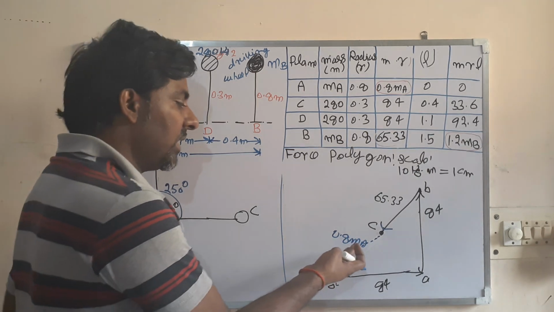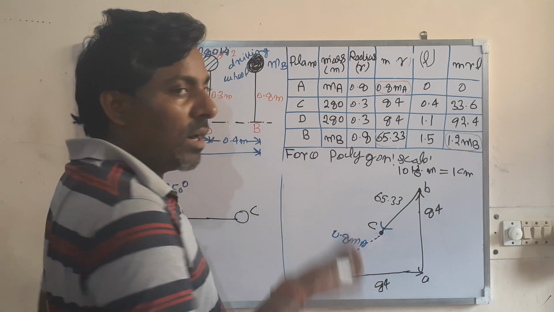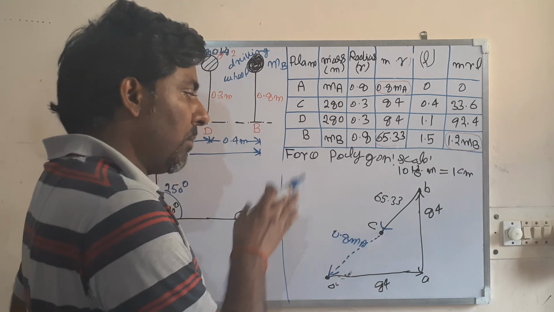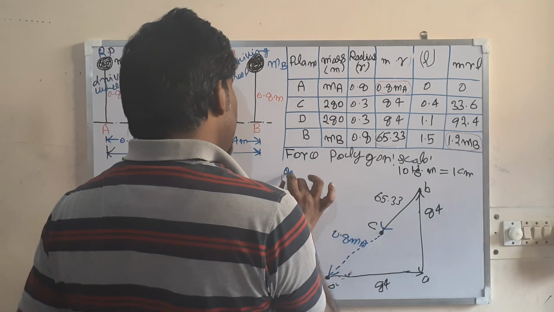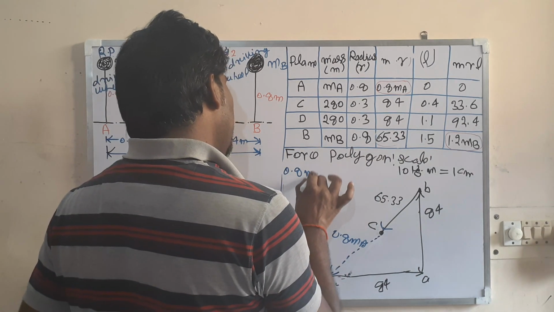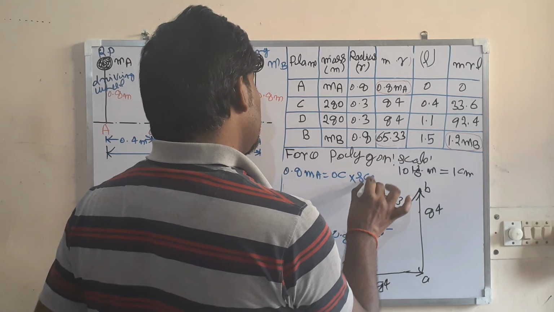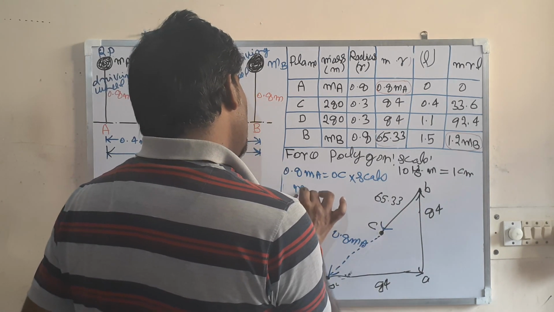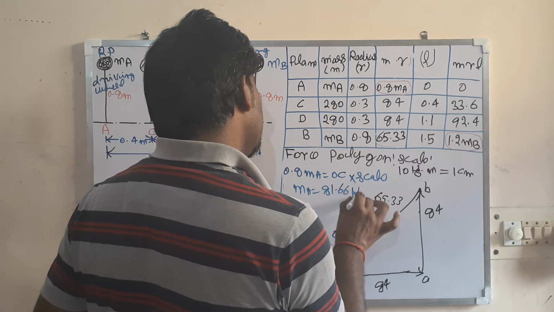Already you have calculated the value of MA. If you calculate from here, you will get the same. I have told that MB is equal to MA. Same thing you will get here. 0.8 MA is equal to OC into scale. Again you get the value of MA as 81.66 kg.